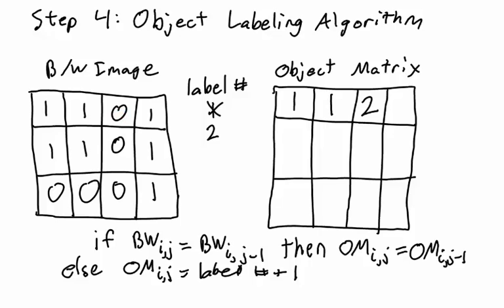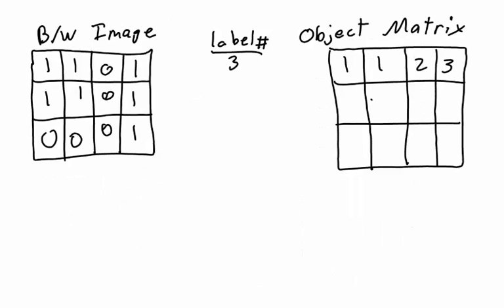Now that we've finished with the first row, we'll move on to the first column of the object matrix. The rule for the first column of the object matrix is the same as the rule for the first row of the object matrix. The only difference is that we're looking at the difference in rows instead of the difference in columns.